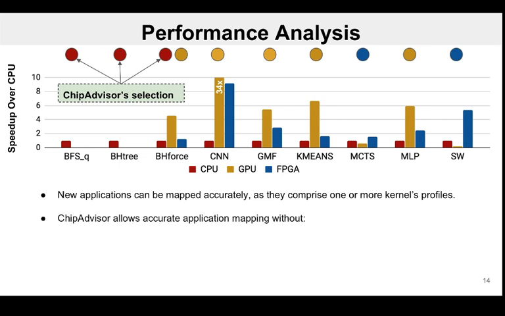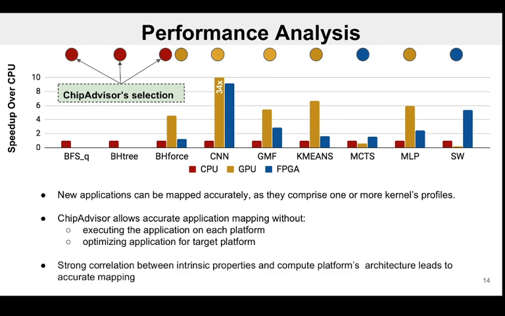Using ChipAdvisor, we can accurately predict where an application will run fast without executing the application on each platform and without optimizing the application for all specific target platforms, which would be very time consuming. We believe our accuracy comes from the intrinsic properties' ability to characterize the application. We will further investigate some of the applications that are mispredicted in the future.